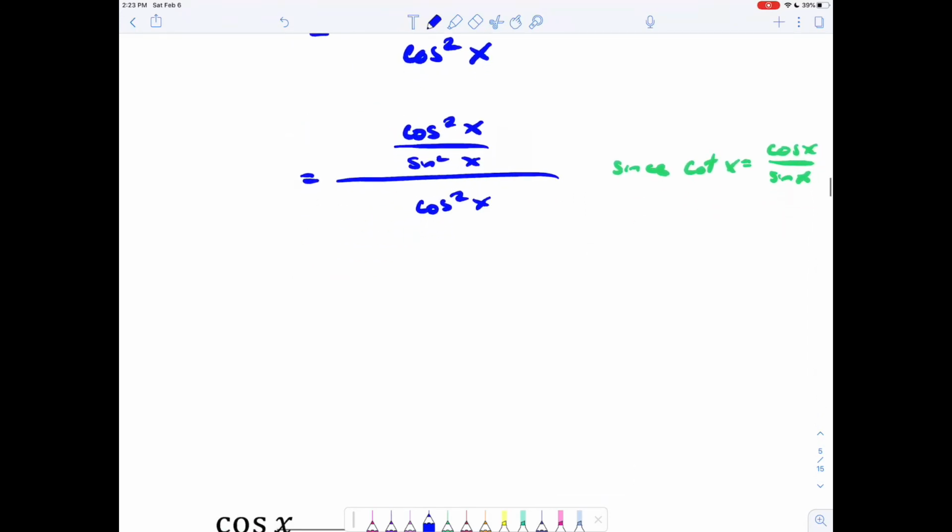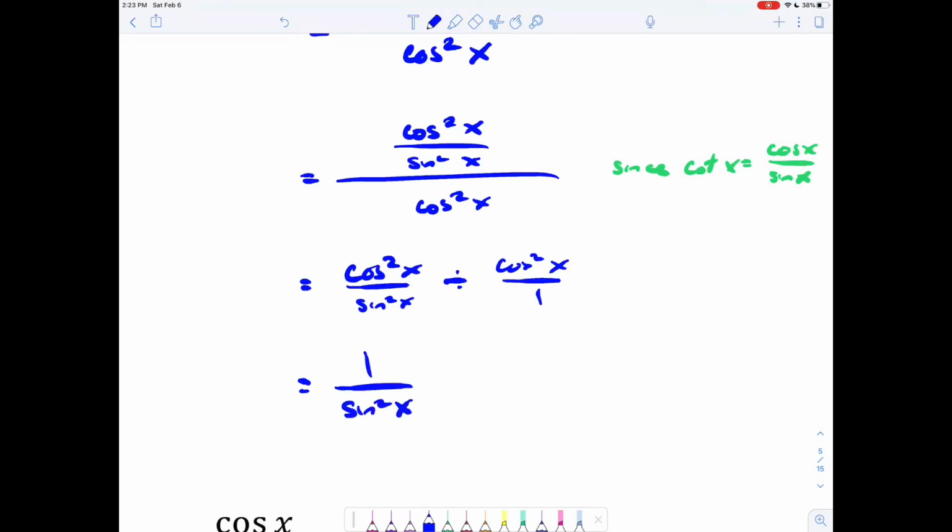And if I want to simplify this, I could do this in multiple steps if I want. I'm dividing by cos squared x over 1. What's that going to get me? That's going to get me 1 over sine squared x.